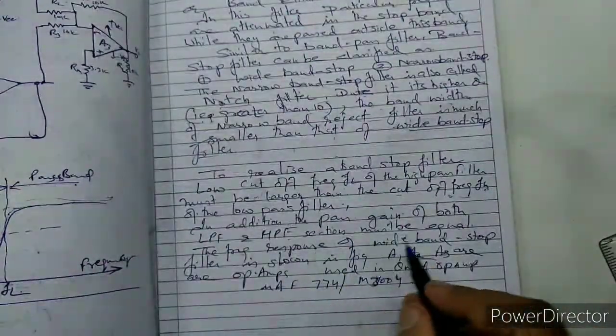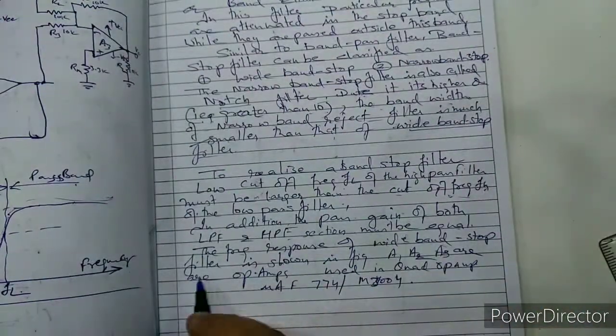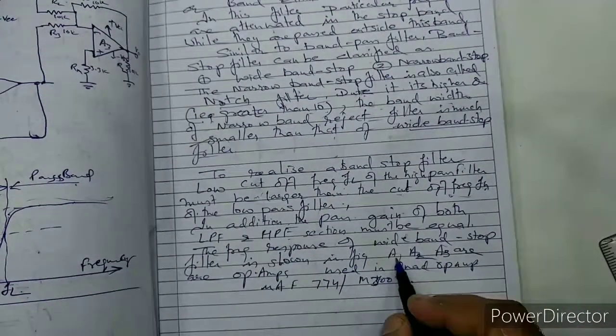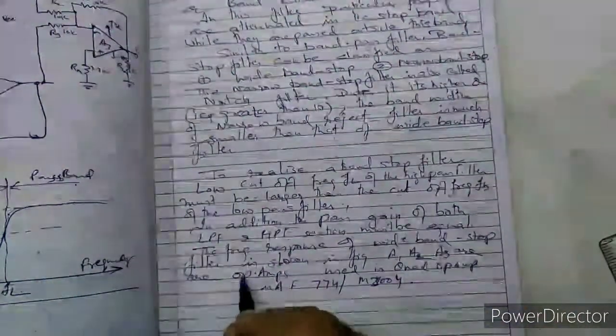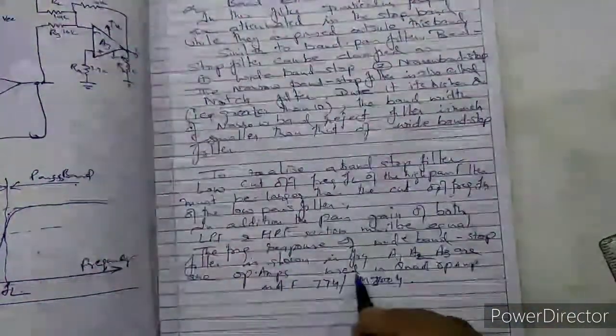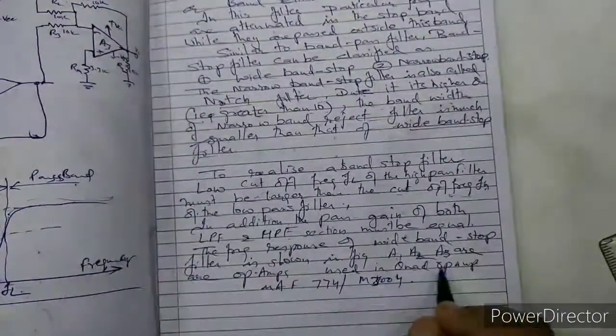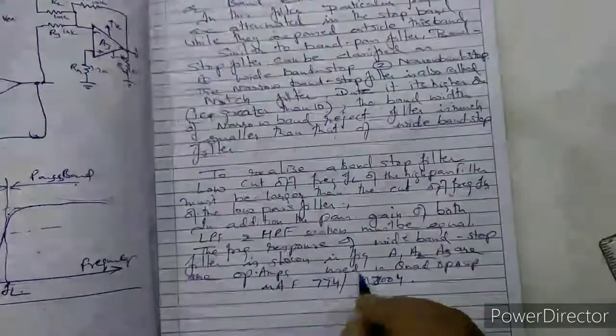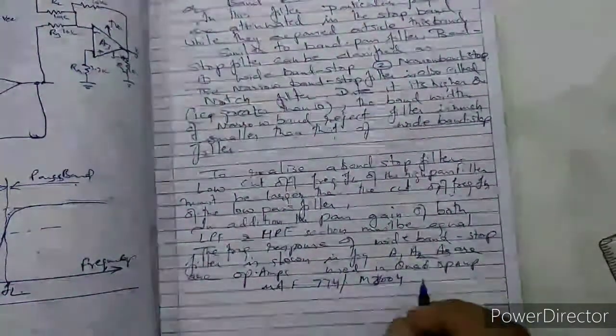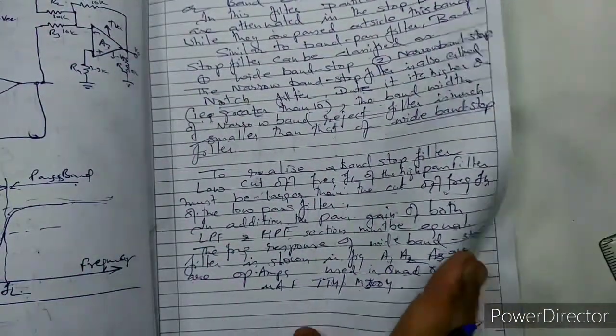The frequency response of the wide band stop filter is shown in the figure. A1, A2, A3 are op amps used in quad op amp ICs like uA774 or MC3404.